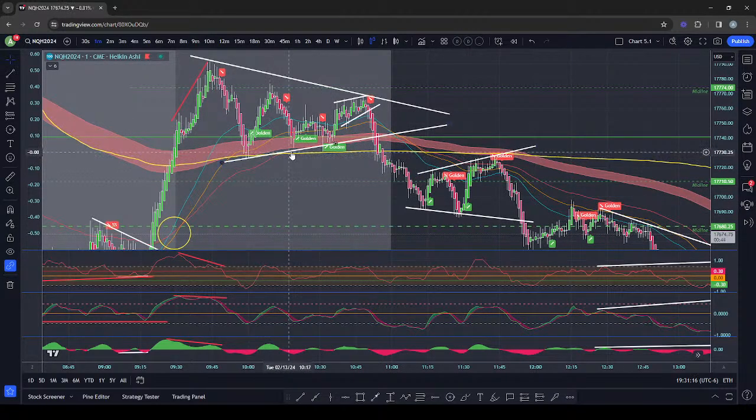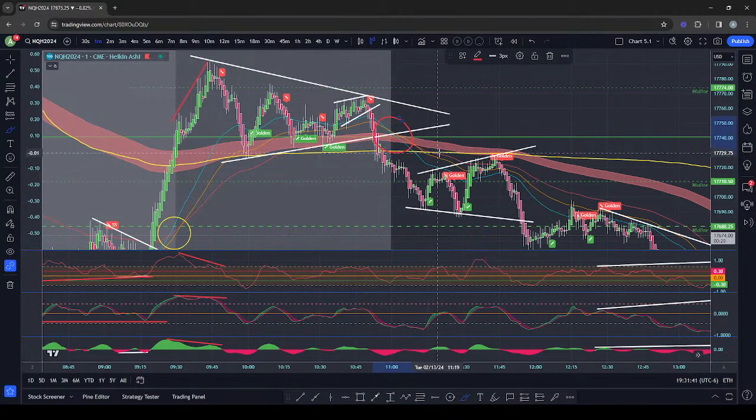Look at these EMAs, guys. Once again, it was a short-lived rise going up. These EMAs are getting closer together, and once again, right in this area, this is where the transition is happening, where price now is going to go bullish.